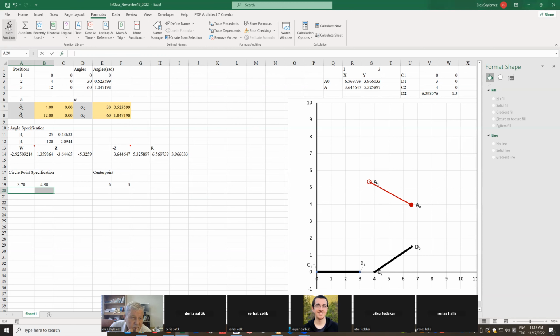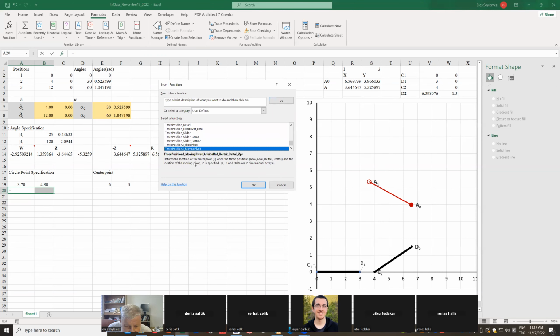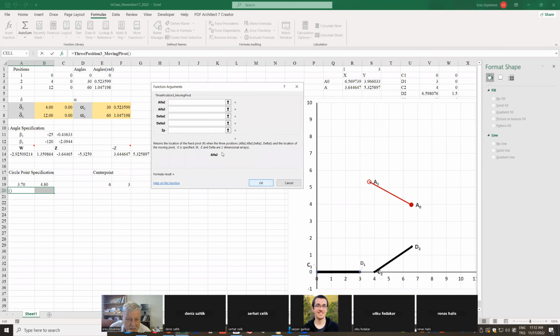Formulas, again go down to 3-position circle point, moving pivot. It returns the location of the fixed pivot R when the 3 positions, alpha 2, alpha 3, delta 2, delta 3, and the location of the moving pivot minus Z are specified. R, Z, delta are 2-dimensional arrays. Is that agreed? Click OK.